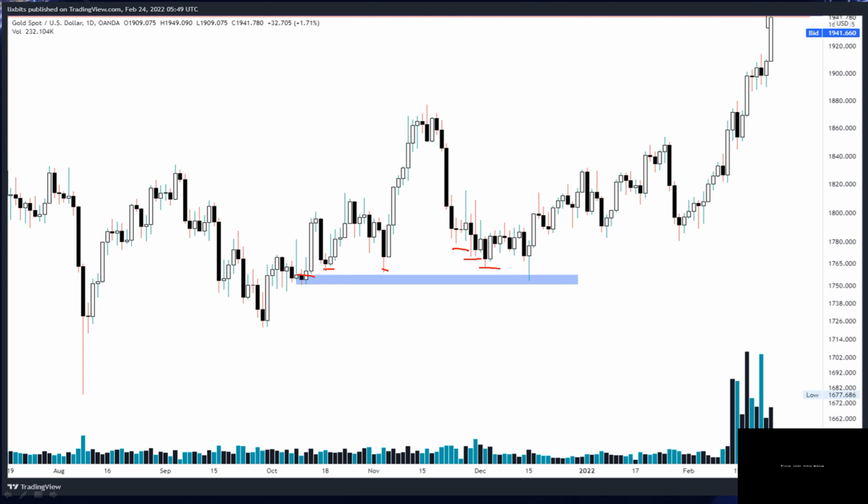This means that liquidity has been built around this demand zone. Therefore price trades into the zone and then we move up.